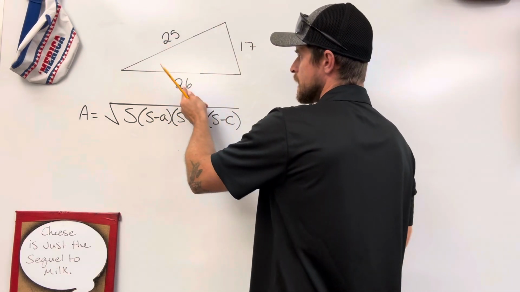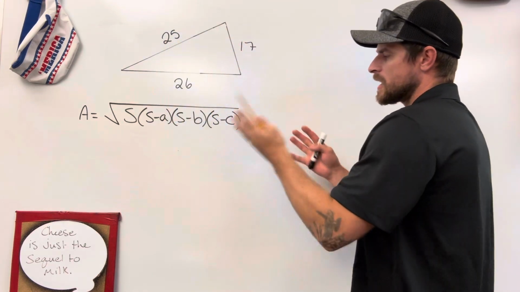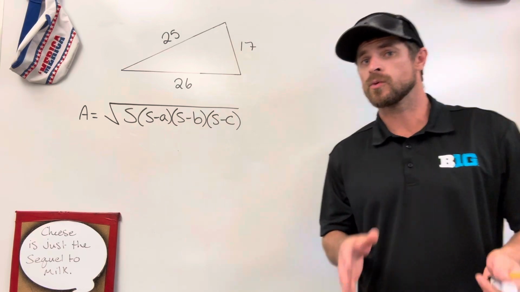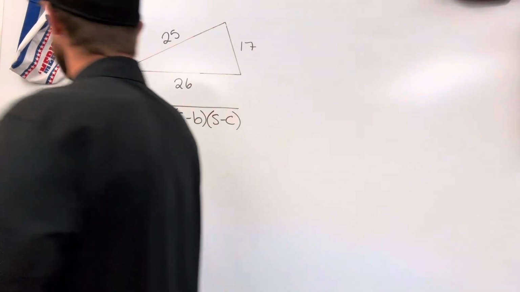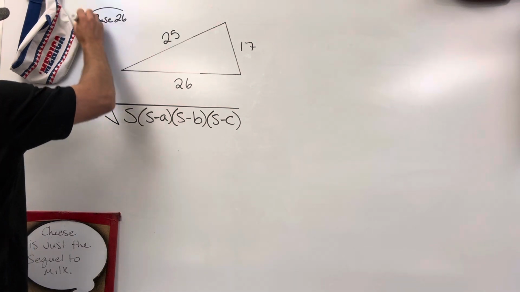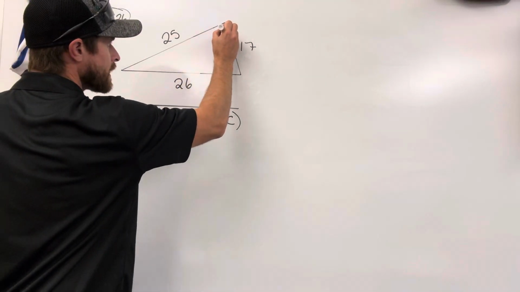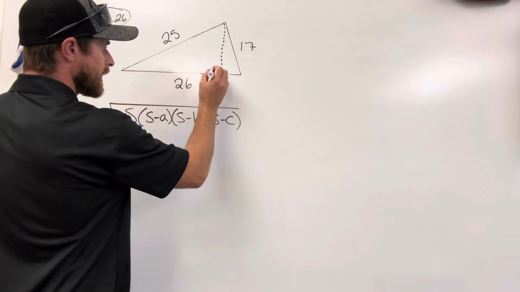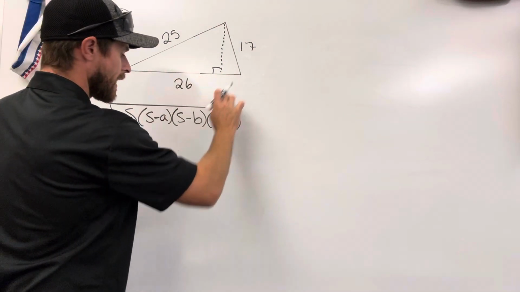So A, B, C, or you could change those around. You choose which one you want to be the base. So right now we're going to use base 26. That's the one we're going to use. So we're going to be finding this height right here. How far is that distance when we have a 90-degree angle off of the side?